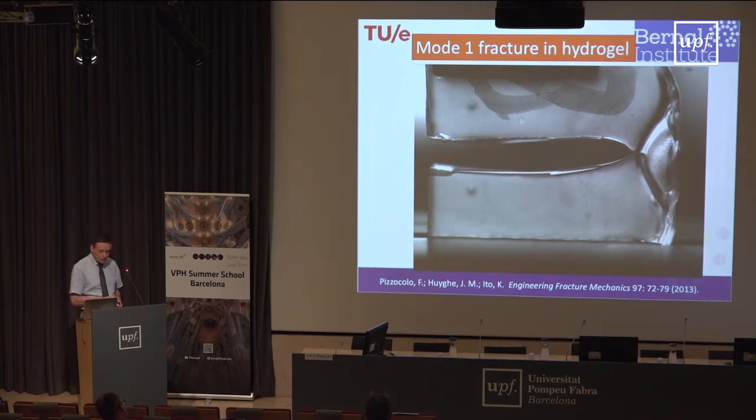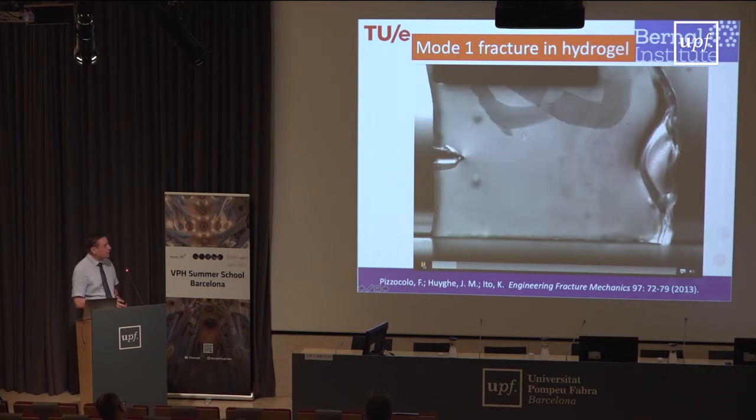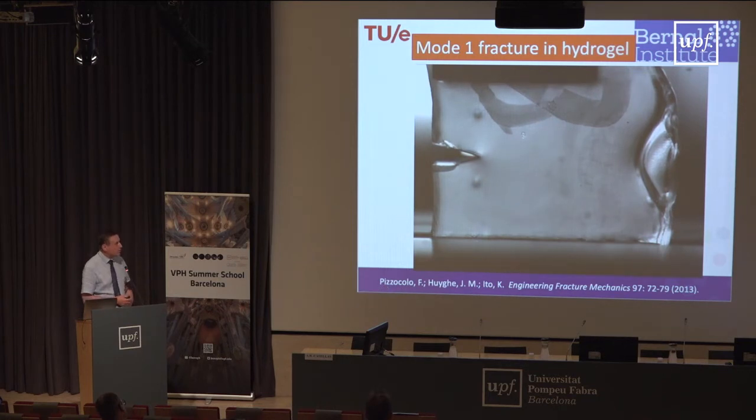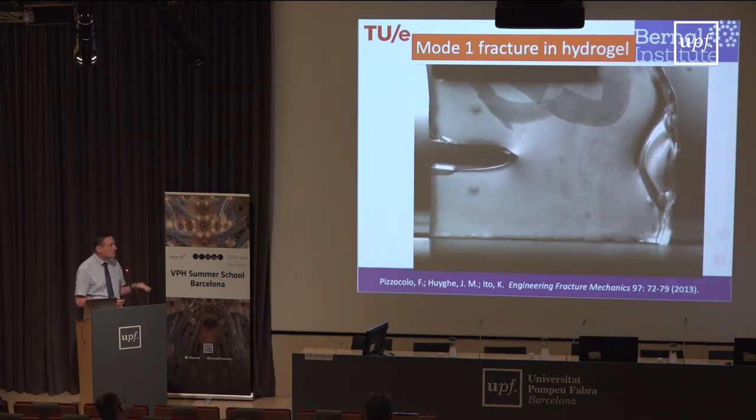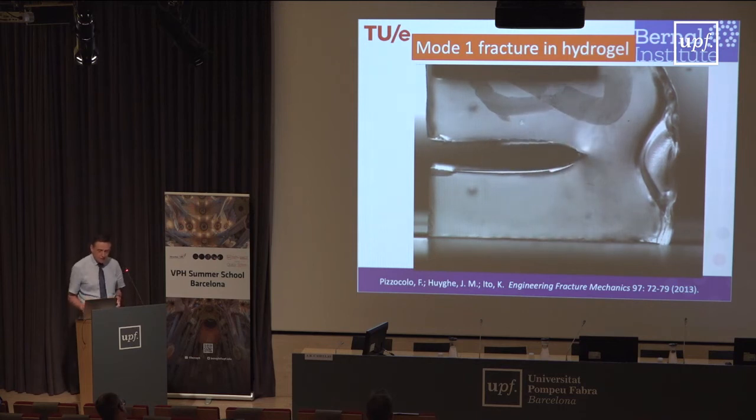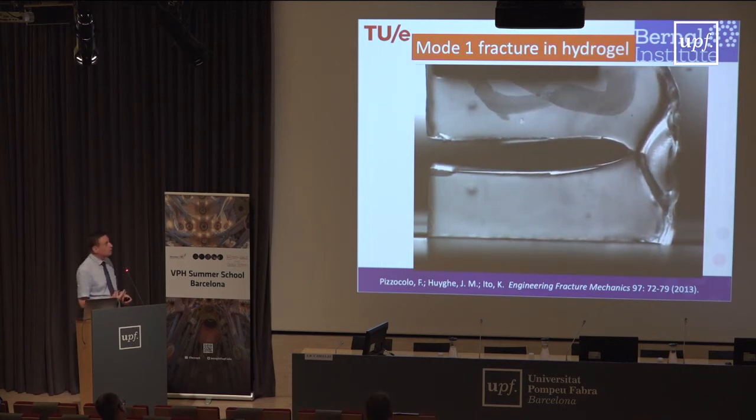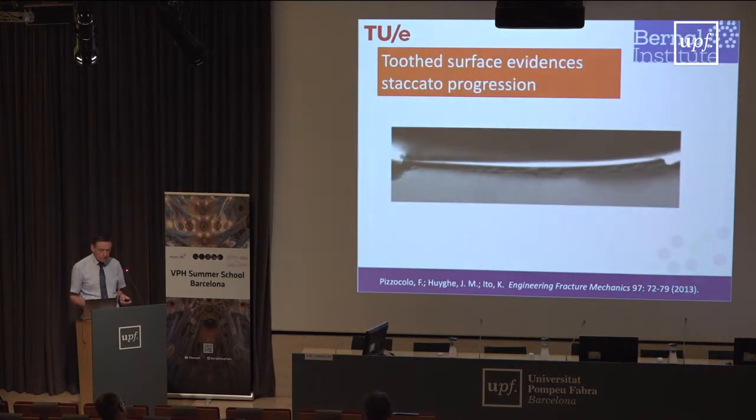But if you look very carefully, you will see that it doesn't propagate in a continuous fashion, but much more in a stepwise fashion. Suddenly it propagates, then stops, it propagates, it stops. And we find this even for strictly homogeneous material. So the gel is homogeneous. There is nothing like inhomogeneity. And if you look at the surface, you find that there are actually teeth along it, which also indicates that it is stepwise progression.